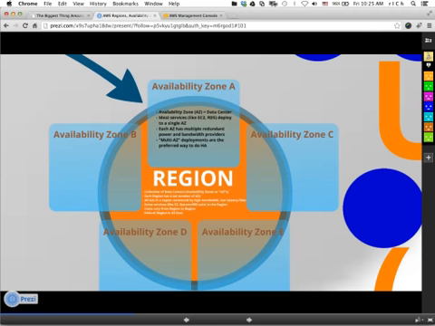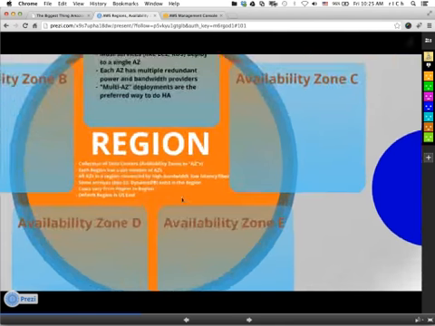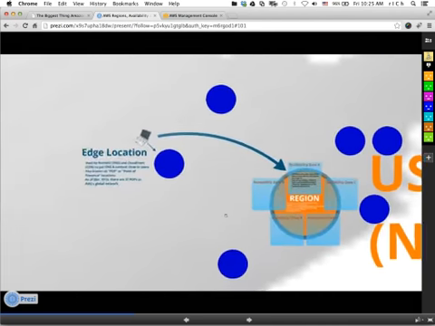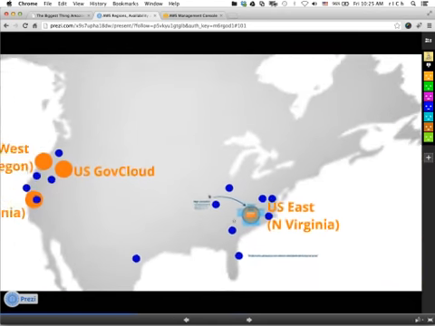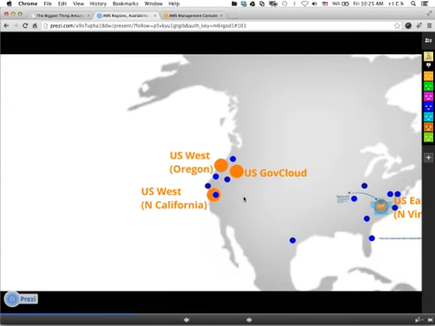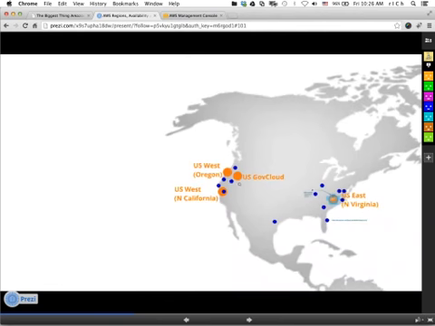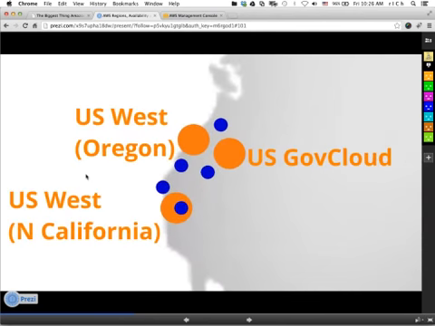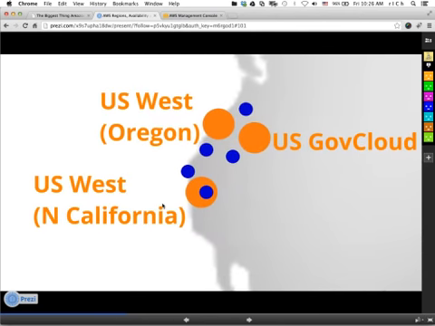We have a question from Deepak. Do regions have HA, or is it just that AZ HA is available? If we zoom out here, and actually let's zoom out until we get another region so we can talk about this. We see that there are several regions on the West Coast in America, so let's zoom in and look at US West in Oregon and North California.